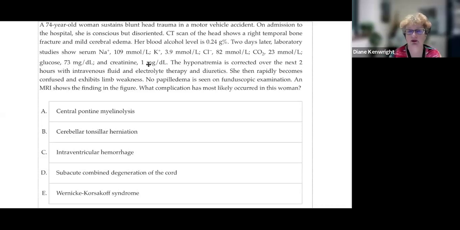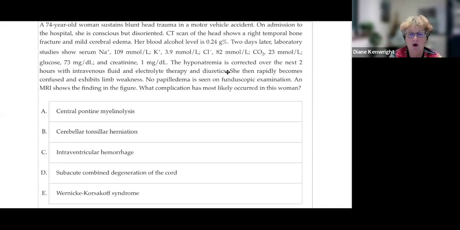These are all American values. So the hyponatremia is corrected over the next 2 hours with IV fluid and electrolyte therapy and diuretics. At this point, you go, big mistake. Okay, so I know that you haven't done sodium chemical pathology yet, but if you correct people's sodiums too fast, there's a particular syndrome that they get.